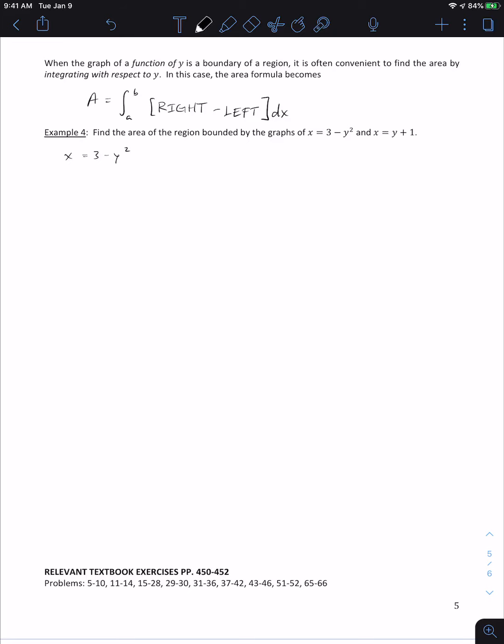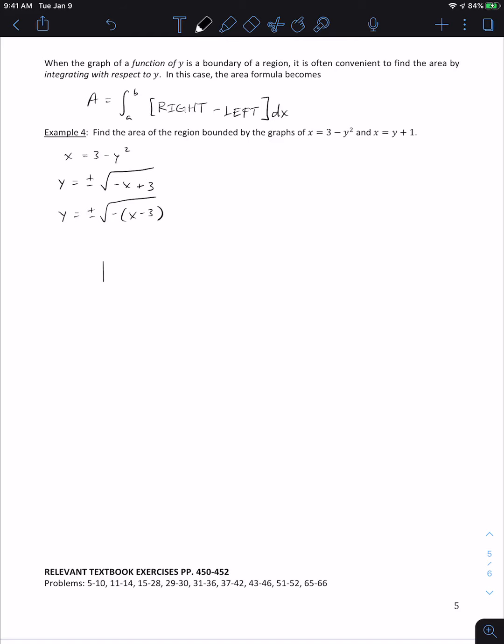So if I solve for y, I get y is equal to plus or minus, because of the square root, and again, this is why it's awkward, plus or minus the square root of minus x plus 3, which is y equals plus or minus the square root of 3 minus x, right?